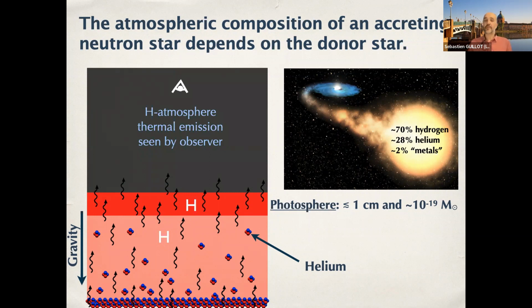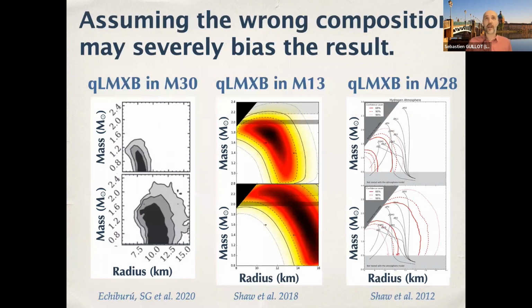But if the neutron star was accreting matter from a fully hydrogen-depleted object, like a helium white dwarf, there could be helium at the surface of the neutron star. And so if we apply a neutron star hydrogen atmosphere model or helium model, the results that we get on the mass and radius are very different.